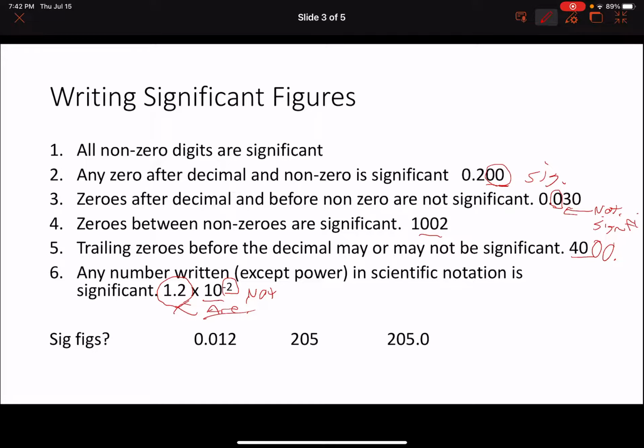And so we can do a couple examples. Here we have 2 sig figs, where both of those zeros are placeholders. Here we have 3 sig figs in 205. If we write 205 with the decimal and the 0 after it, we are now indicating, because there's no reason to write that if we didn't know that it was significant, that we have 4 significant digits or significant figures in that measurement.